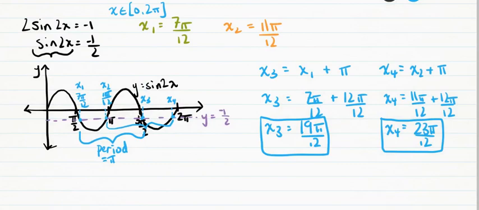And then for any remaining solutions, in this case, there were two more solutions between 0 and 2 pi. For a triple angle, you might have 4 additional solutions for a total of 6 solutions between 0 and 2 pi. And for a half angle, if this was sine of a half x, then you may only have one solution between 0 and 2 pi that you end up solving for. So to see if there are any additional solutions, it's always a good idea to draw out the function related to the equation that you're trying to solve.